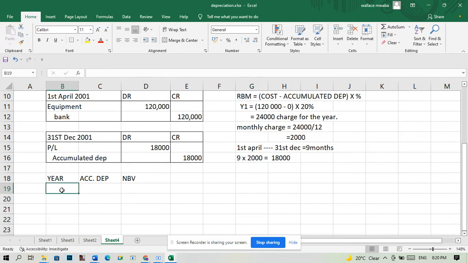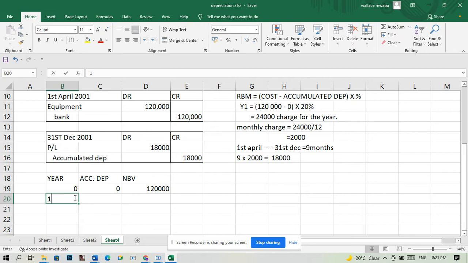Okay, so for year 0, which is the first day of year 1, there's no accumulated depreciation. We've got our net book value of 120,000, right?